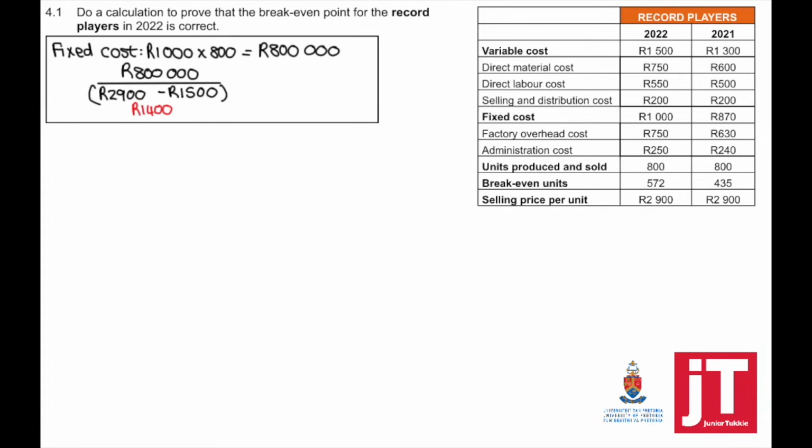Then we can take the selling price per unit minus the variable cost per unit. This is called the contribution per unit. So now 800,000 divided by 1,400 means that my break-even point is 572. So we have proven that it is correct.